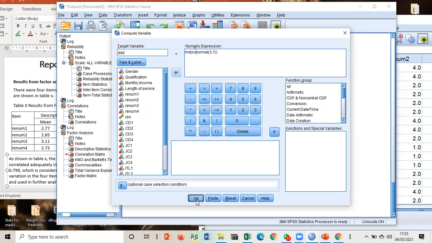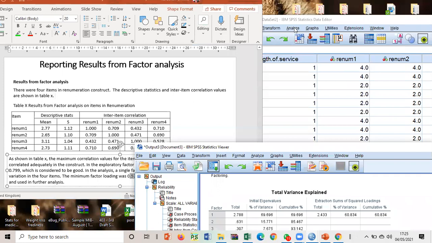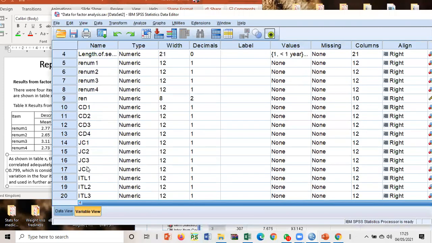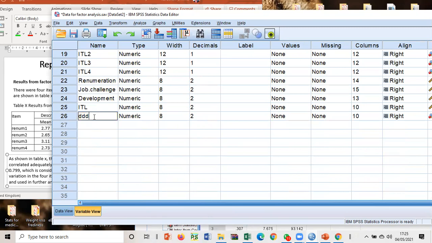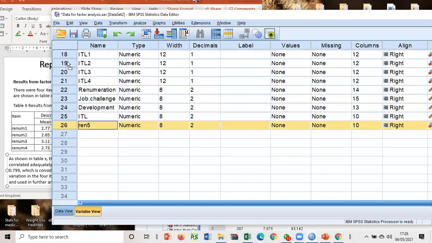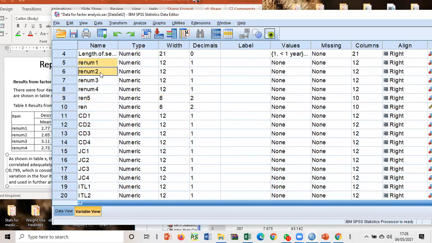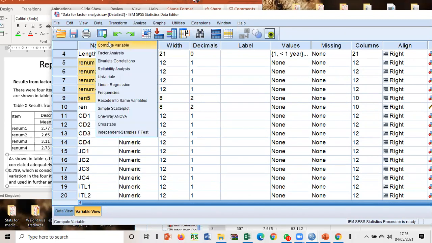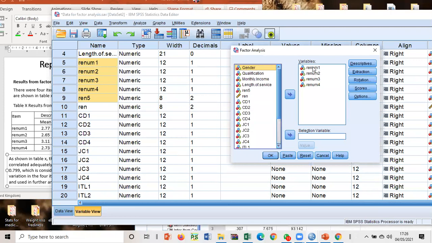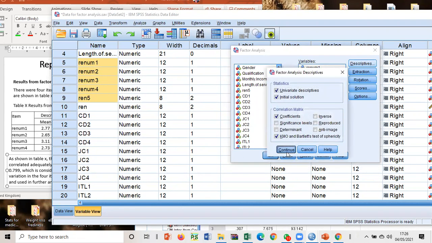So I just created one more variable. Let me call this remuneration 5. Okay, bring it closer. Let's say now I have 5 variables, 1, 2, 3, 4, 5. So let me show you the factor analysis on this. The 4, and I bring the 1 here. Rest all exactly the same. No changes.